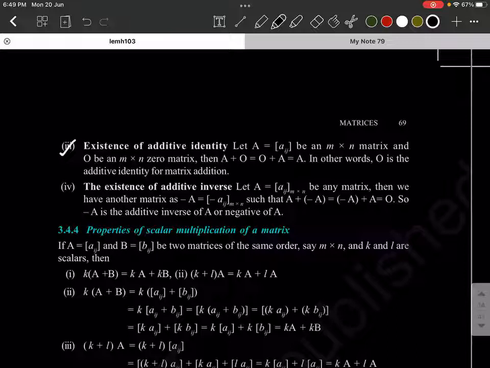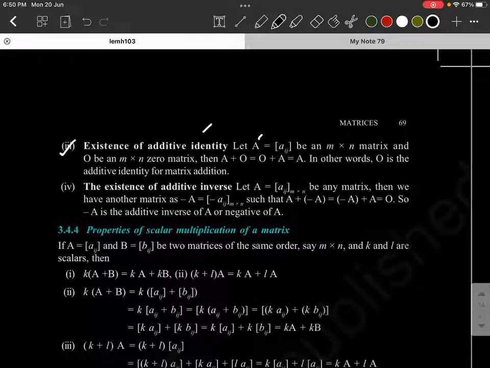Additive identity is a number which you add to a given number so that you get back the same number. So which number can you add? 0. So 0 is called an additive identity. Similarly, if I call something a multiplicative identity, what should I say? 1. Because if I multiply that with a matrix, I should get the same output. Is that clear?